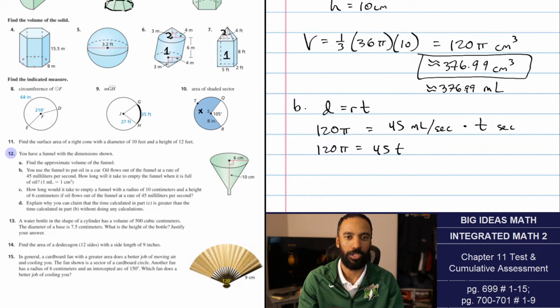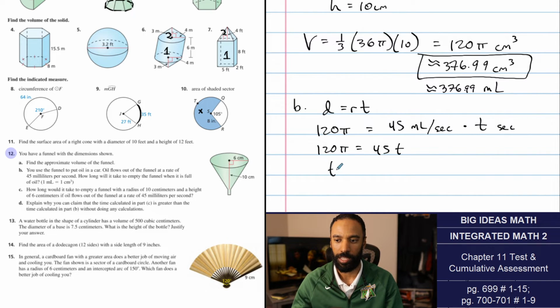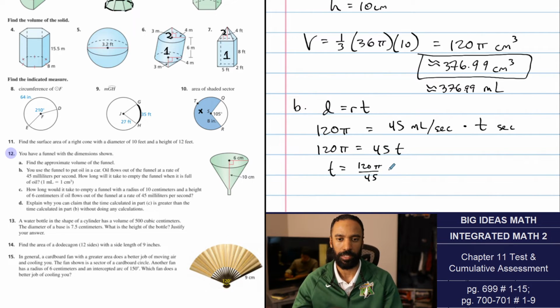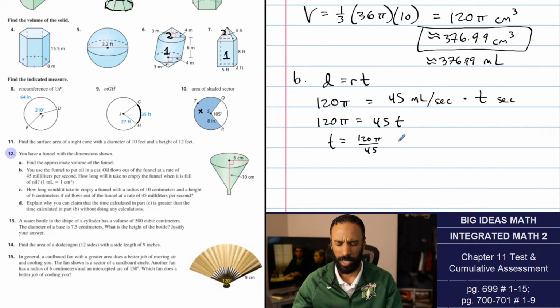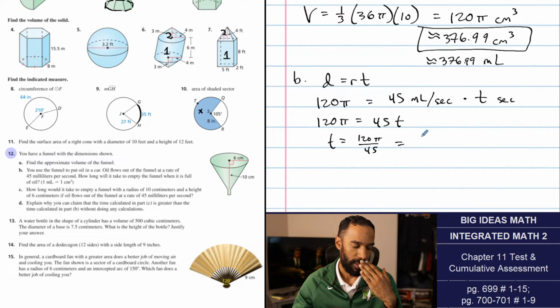So I'm going to go ahead and use my calculator there. We're going to divide by 45. Let's see, t equals 120 pi over 45. If you want to reduce that, go ahead. Those divided by 15, that's 8 pi over 3.